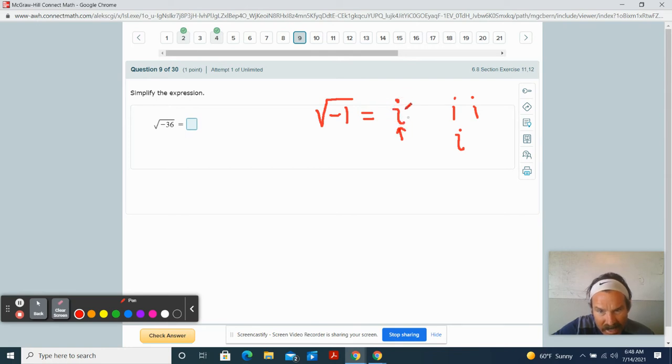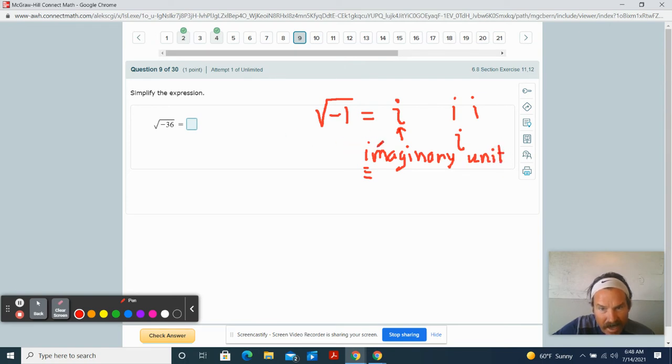And I stands for the square root of -1. That's what I is. It's called the imaginary unit. The imaginary unit.